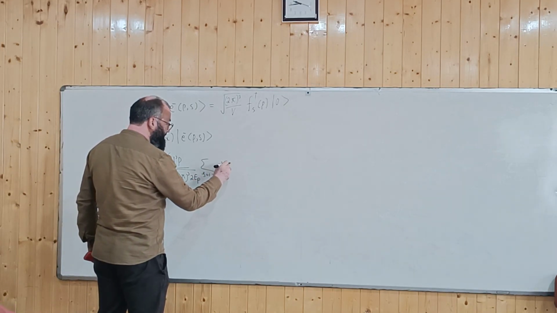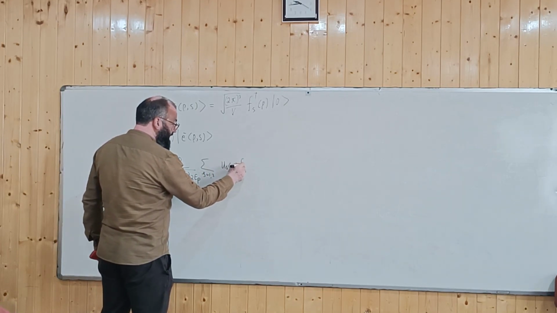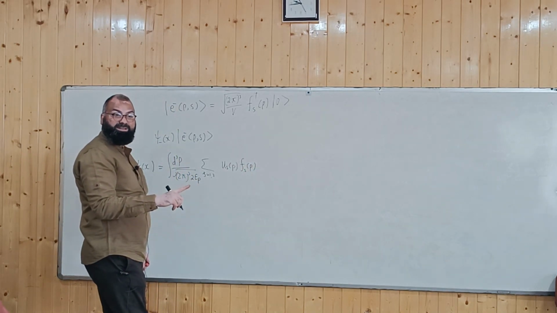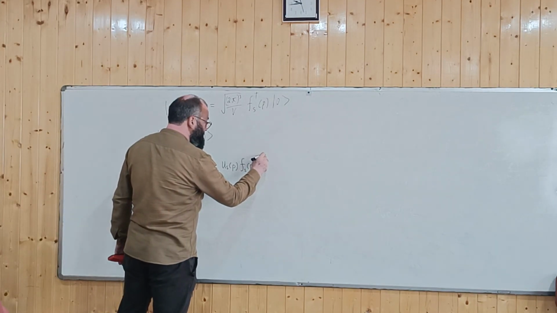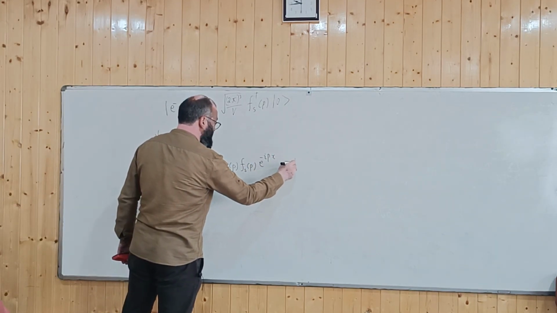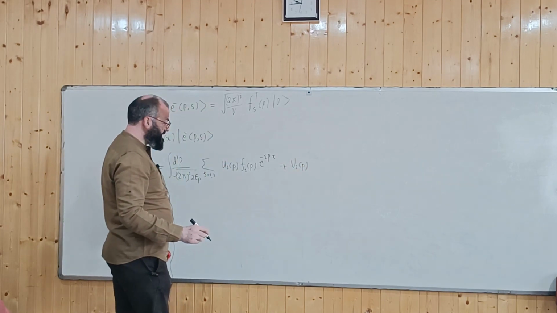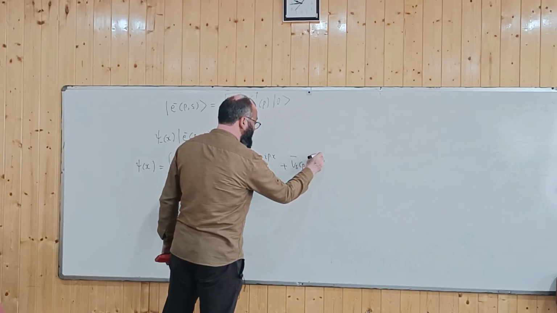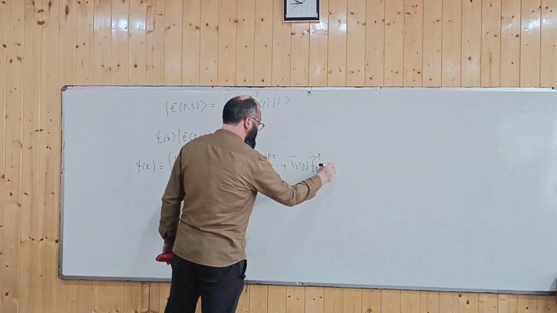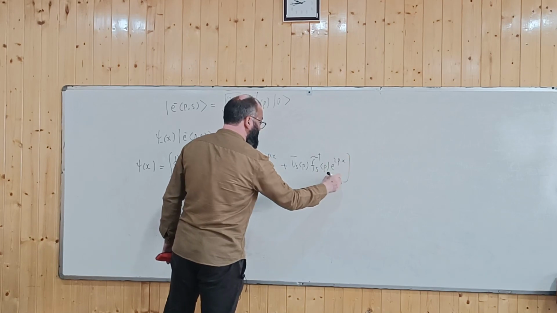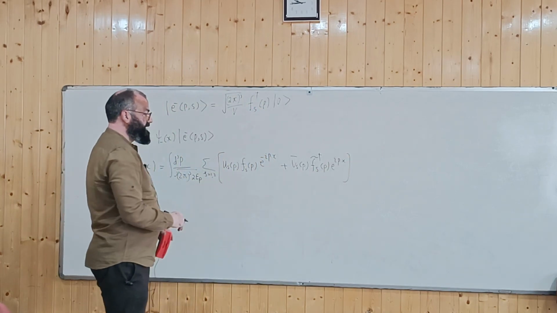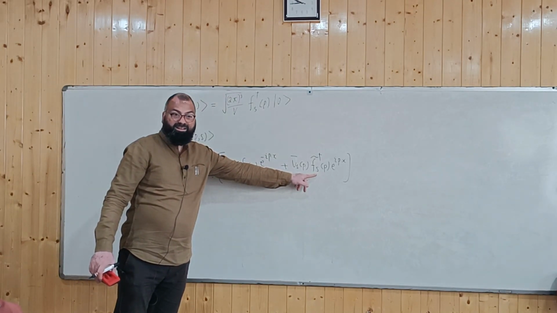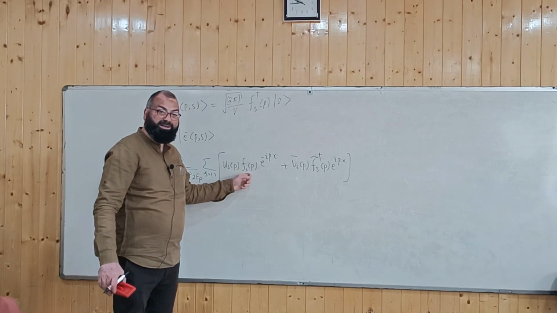Then you are having u_s of p, then f_s of p, the annihilation operator for a fermion, and e raised to minus i p dot x. Then you are having v bar s of p, then f tilde dagger s of p, e raised to i p dot x. So this is a creation operator for anti-fermion, and this is an annihilation operator for fermion.